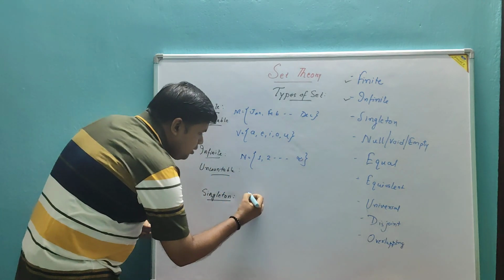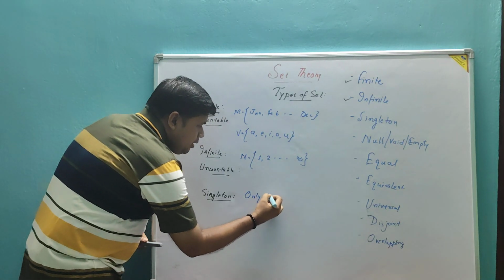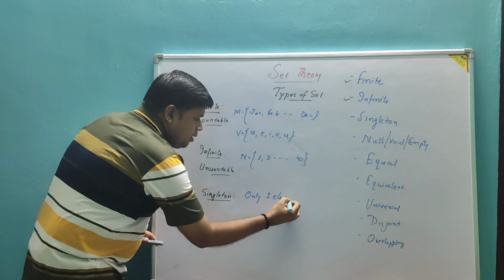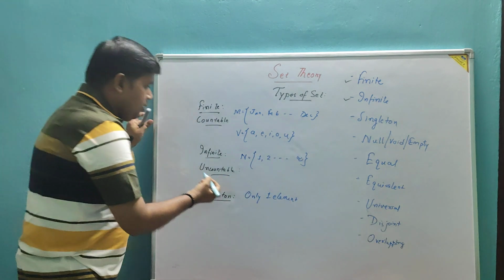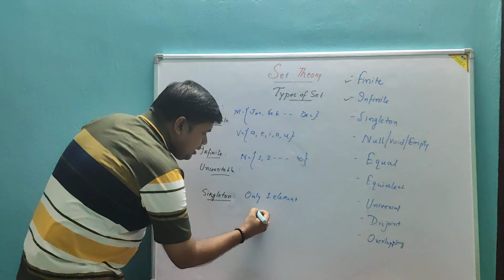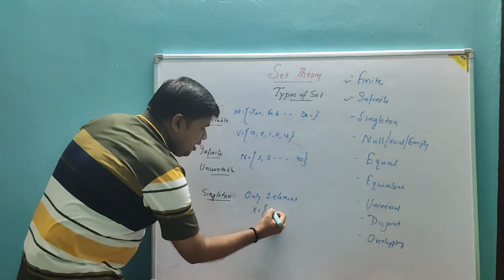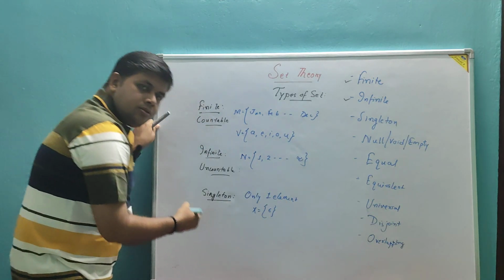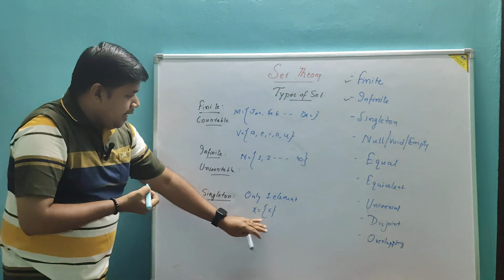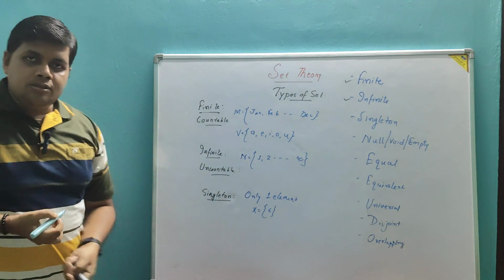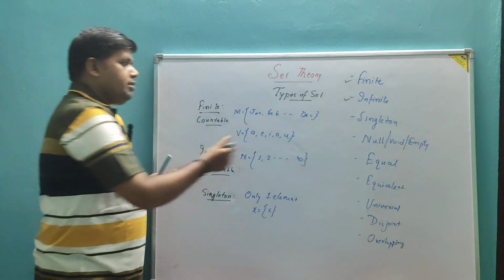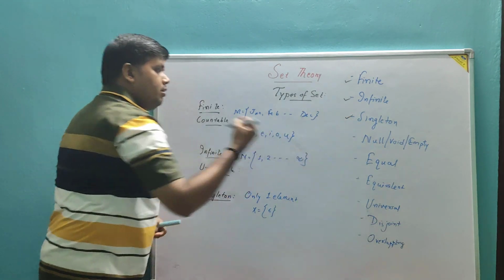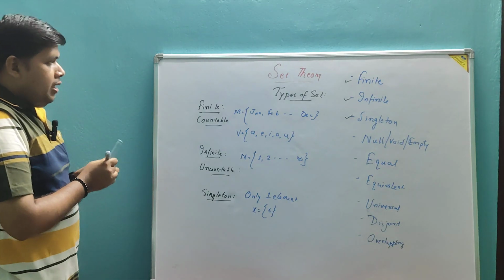Singleton set is a set which has only one element. Let's take an example. X is a set having an element 6 only. In that case we can say that X is a singleton set. Only a single element is there.